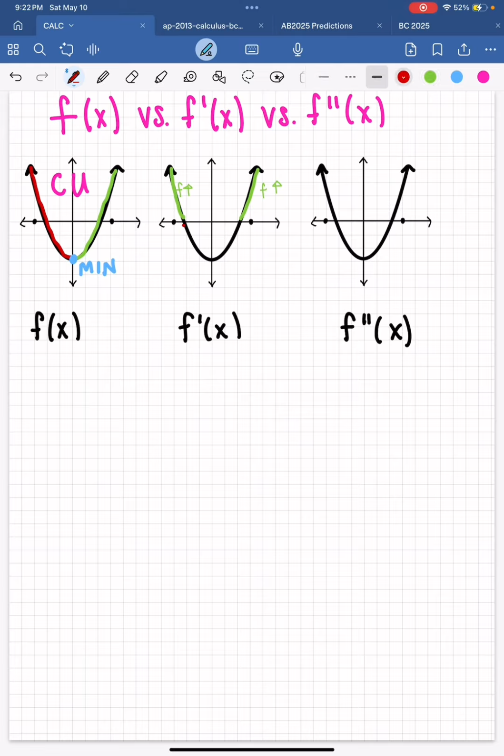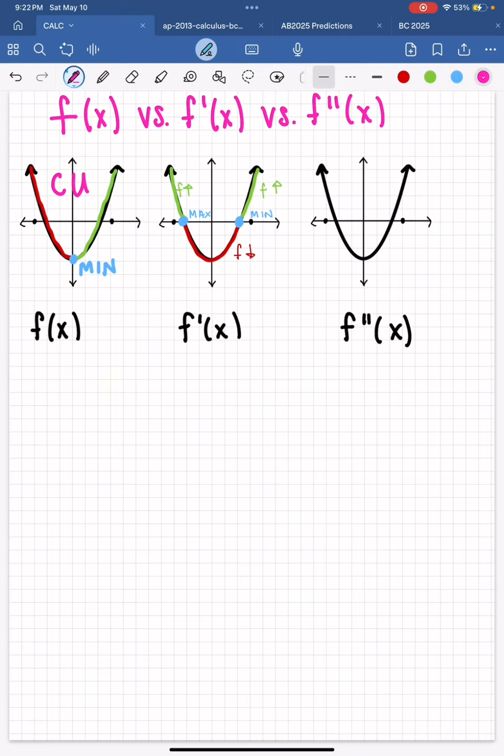When the derivative is negative, here in red, the function is going to be decreasing. When the derivative goes from above to below, so positive to negative, the function is going to have a maximum. And when the derivative goes from negative to positive, so from below to above, the function is going to have a minimum.